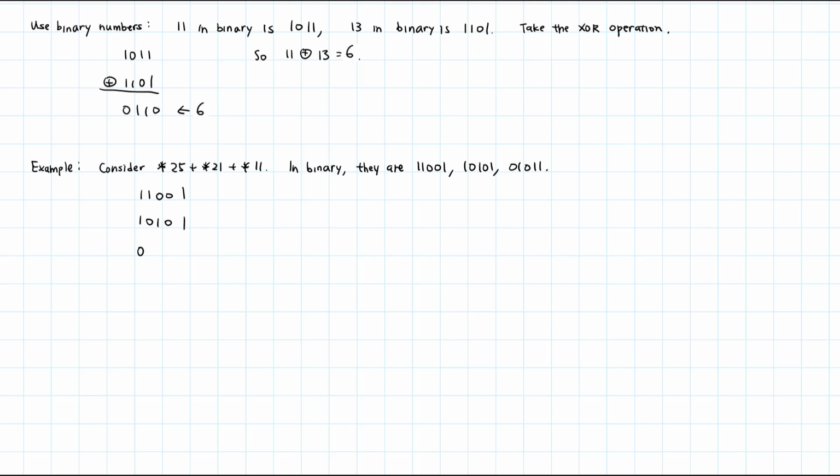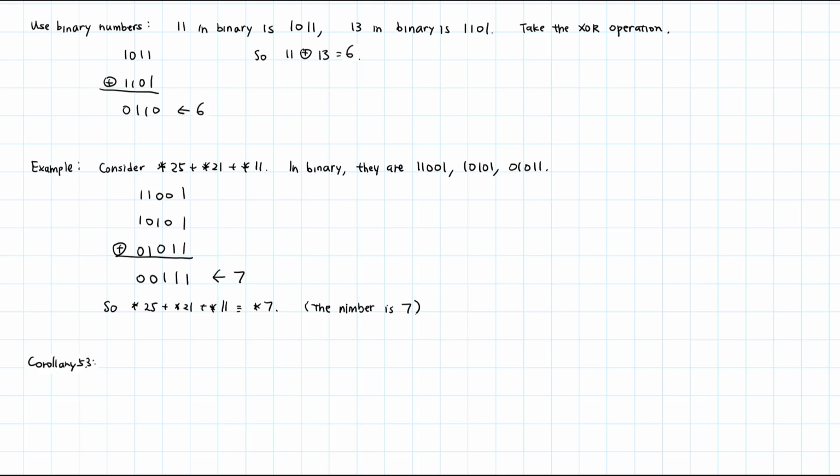Then the addition of these three numbers using the XOR operation is 00111, which is 7. So star 25 plus star 21 plus star 11 is equivalent to star 7, and the nimber is 7.